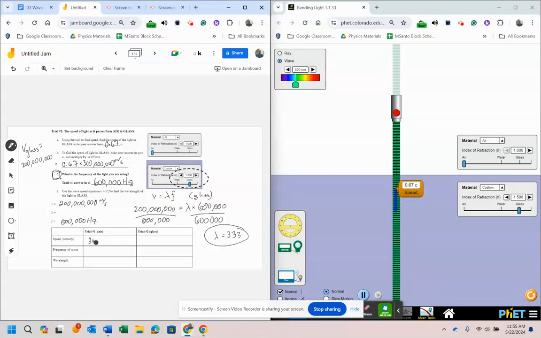The speed is 300 million. So we're going to put this in here. Trial 2, when the light is in glass, it is 200 million. And then we have the frequency, which doesn't change. It's the same 600,000.